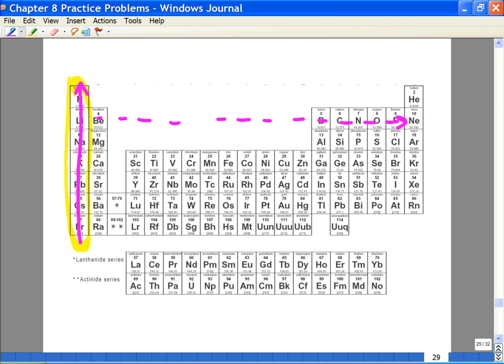But for the most part, it's difficult to have a predictable trend for electron affinity within a group or column.